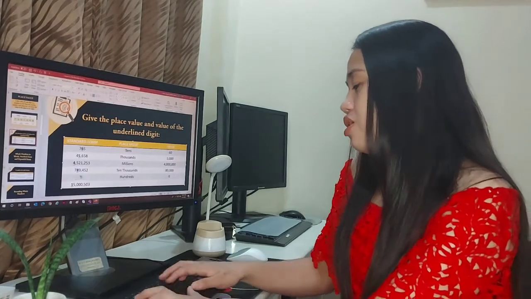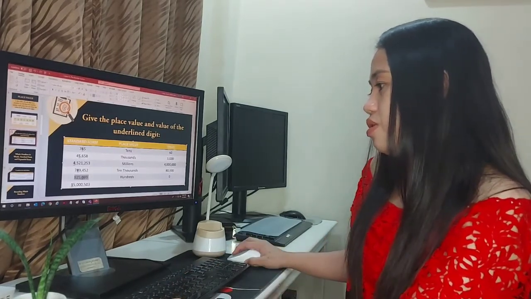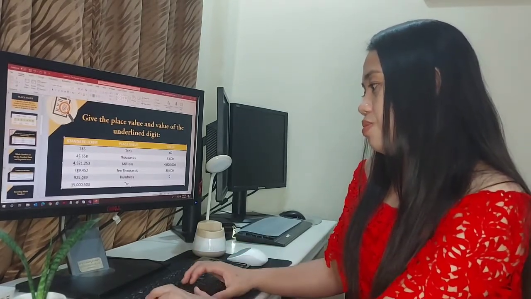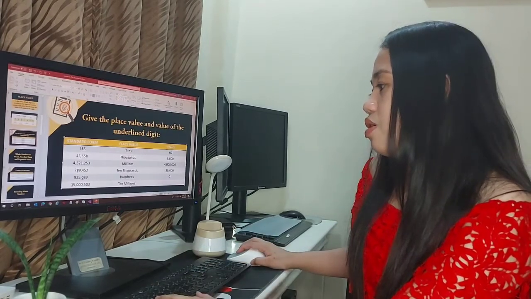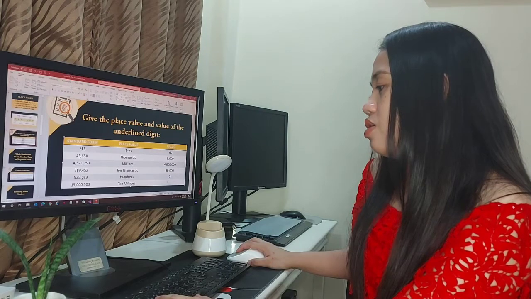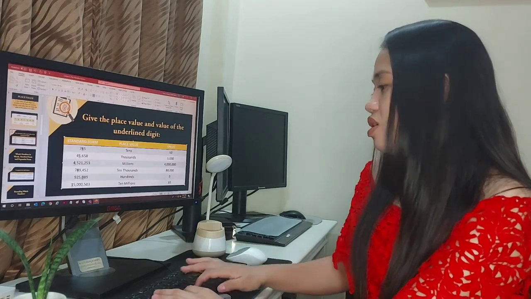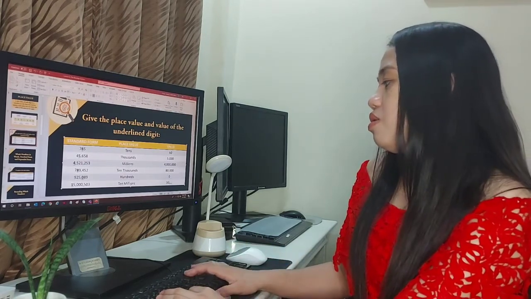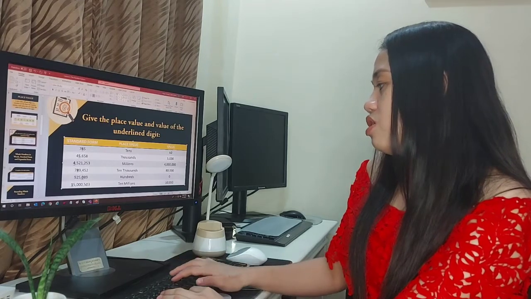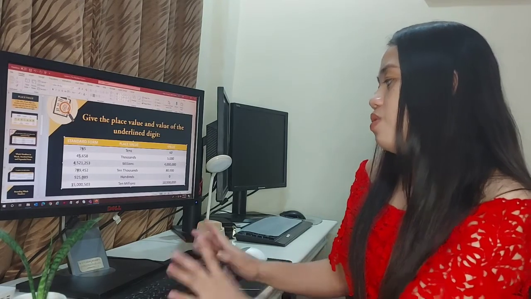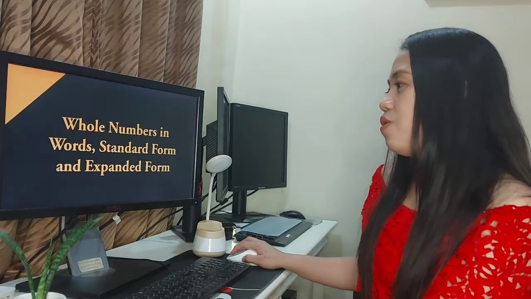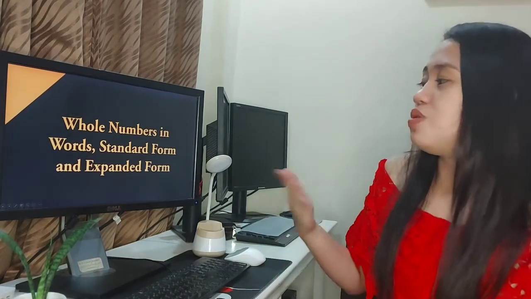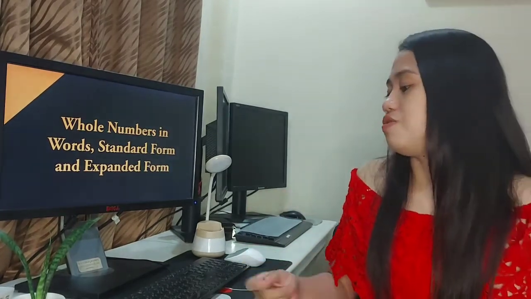So 10 millions. Alright. And of course, copy 1 and then replace all other digits to the right with zeros. Easy, isn't it?